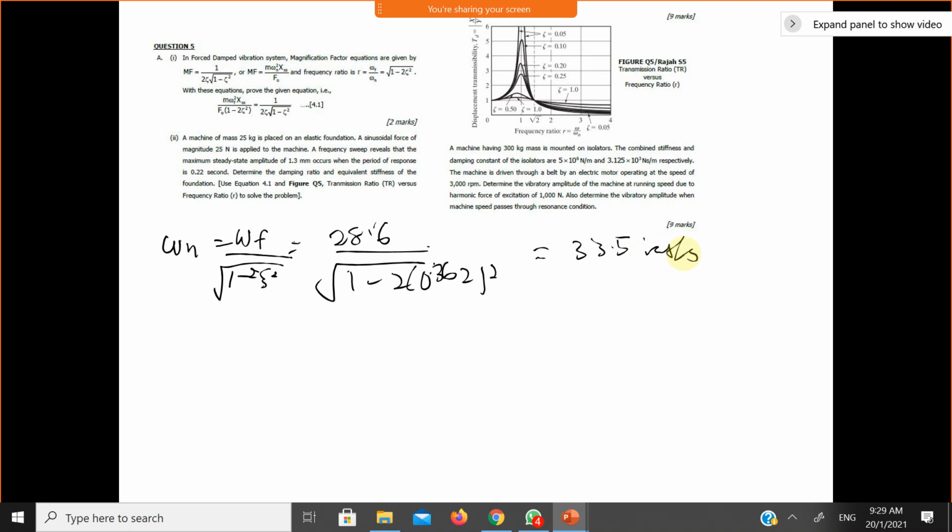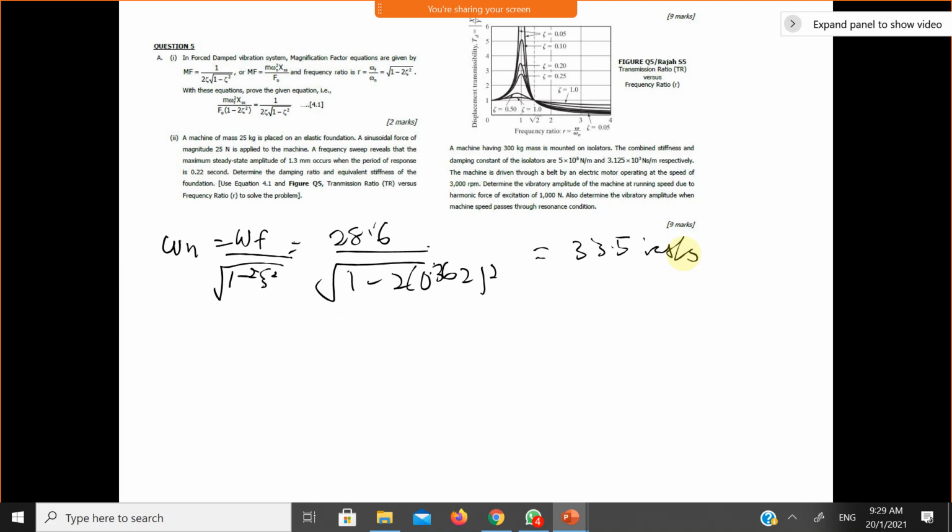Okay, clear? So if you choose 0.932, then we cannot get our value of omega n because the square root of a negative is undefined. Okay, so this is our omega n.